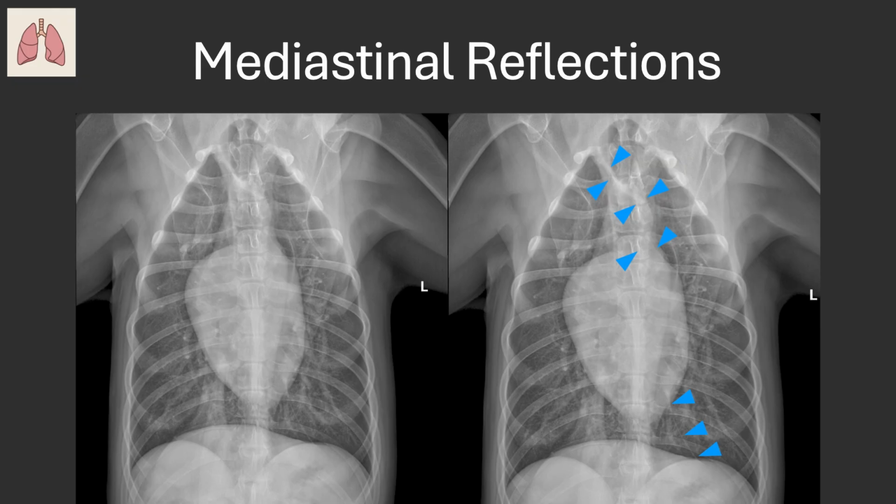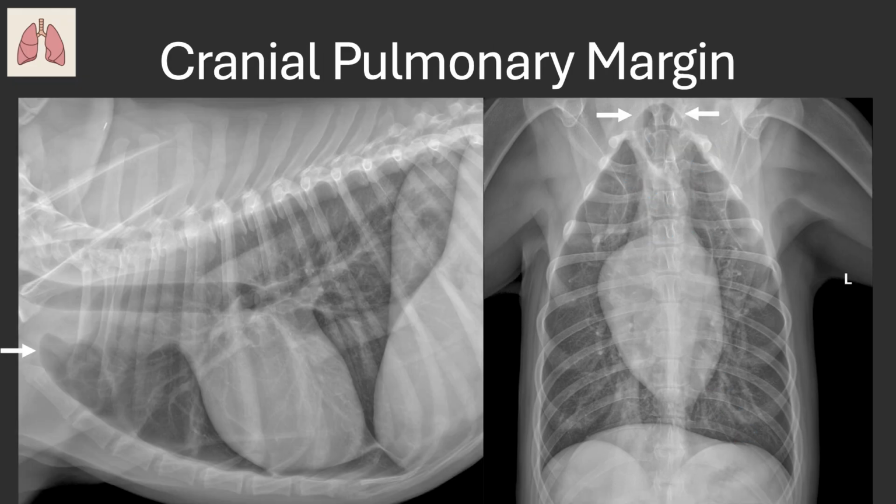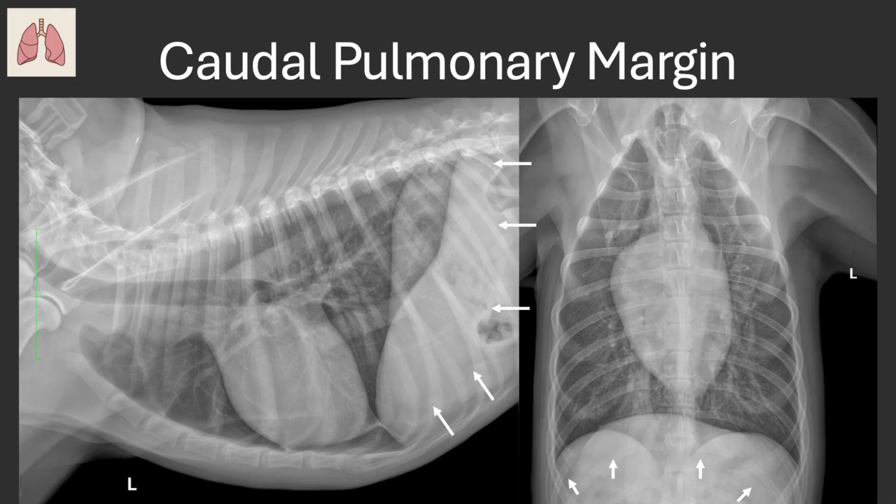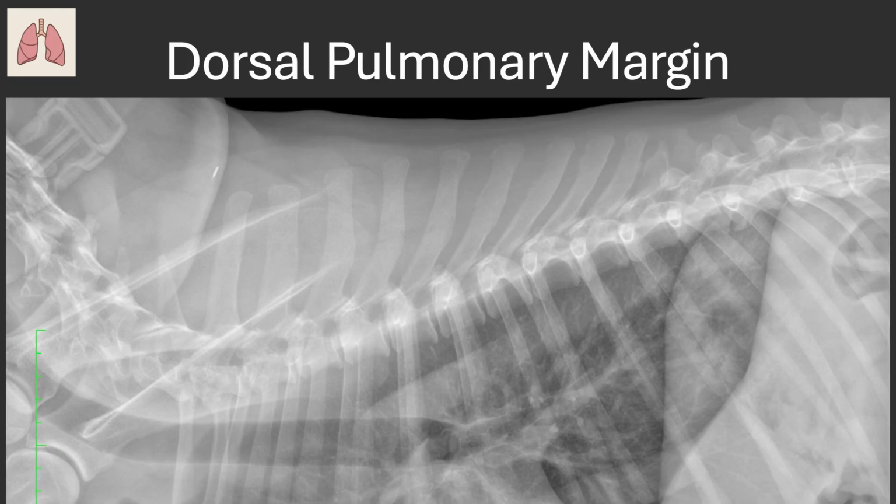The margins of the lungs occupy the majority of the thoracic cavity, being closely opposed to the thoracic wall. Cranially, the lung should extend at least to the level of the first ribs, as demonstrated by the white arrows. Caudally, the lungs overlay the diaphragm and cranial abdominal organs, such as the liver and possibly stomach, as demonstrated by the white arrows.